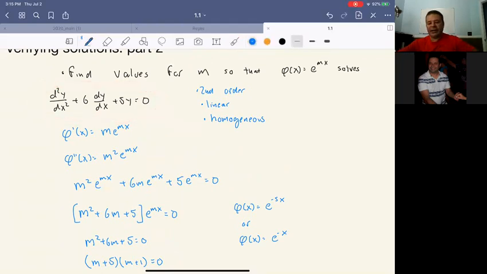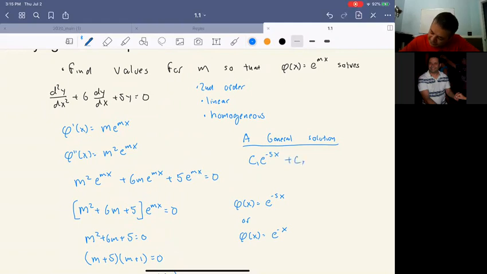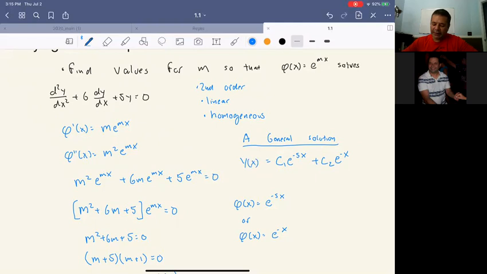So we're going to actually have what's called a general solution, and that's going to be C1 e to the -5x plus C2 e to the -x. The C1 and C2 are determined by our initial conditions.